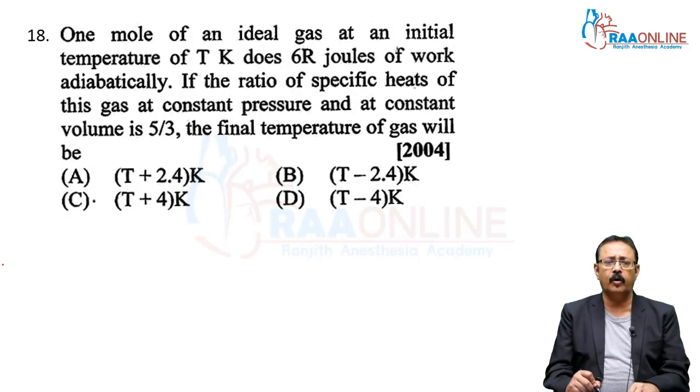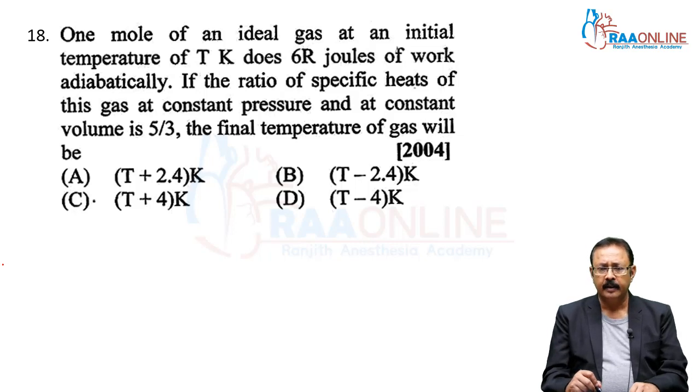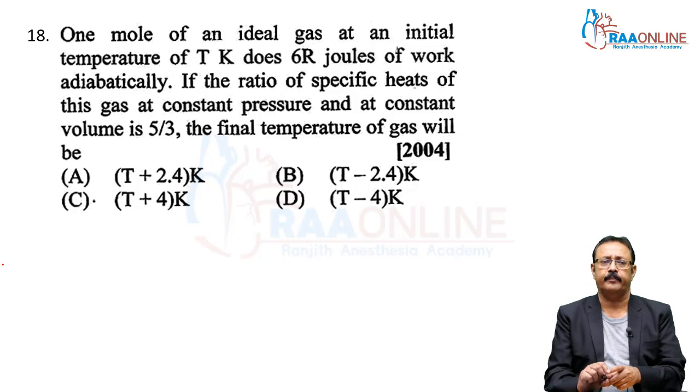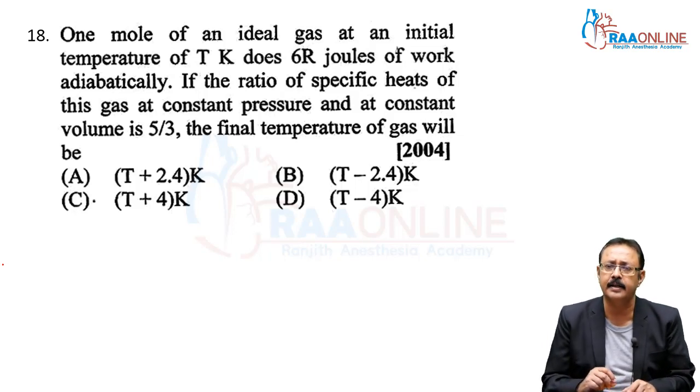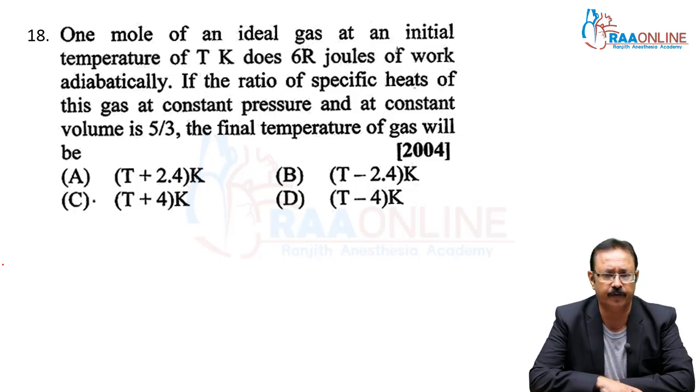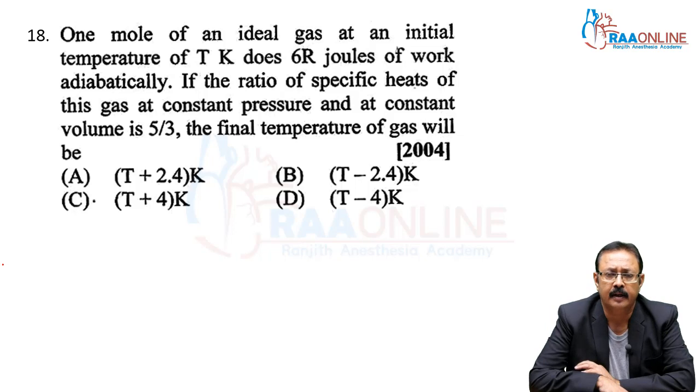Next, 1 mole of an ideal gas. It is a problem from 2004 AIPMT. 1 mole of an ideal gas at an initial temperature of T Kelvin does 6 R joule of work adiabatically. If the ratio of specific heats of this gas at constant pressure and at constant volume is 5 by 3, the final temperature of the gas will be?